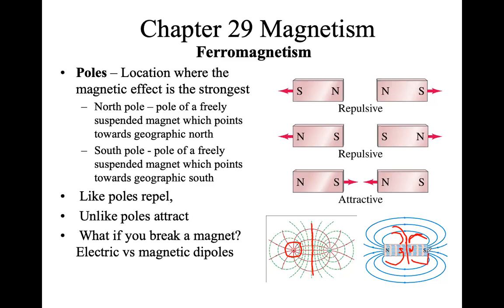So if you cut a magnetic dipole in two pieces, what you make is two more dipoles. On the other hand, if you take an electric dipole and you cut it into pieces, what you create is a single charge. We refer to that as a monopole, one pole. You can do that with electric charges. You cannot create a magnetic monopole by separating it out.